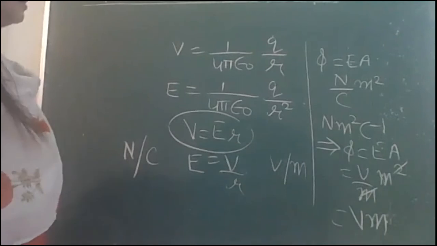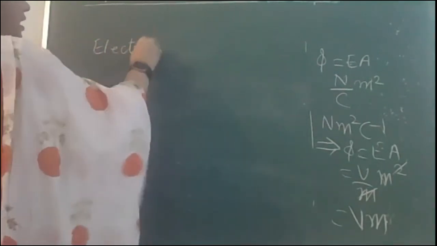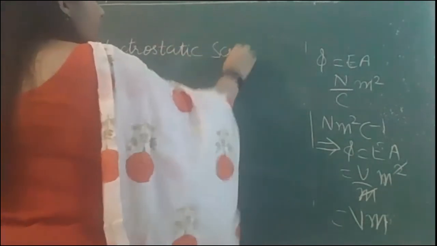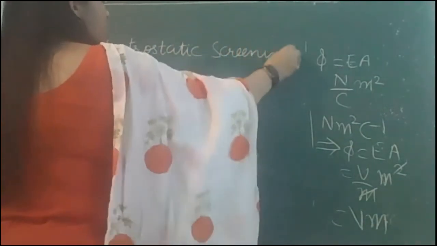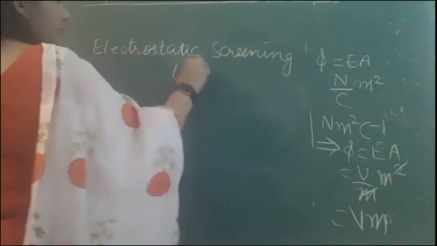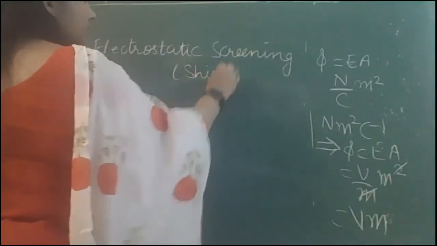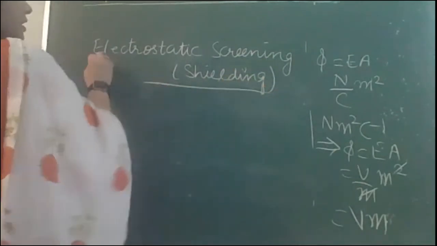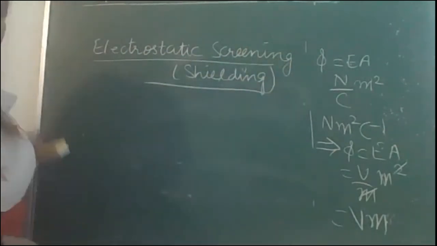Okay, and one thing more, let us recall, let us do a term, electrostatic screening. What is electrostatic screening? Also called electrostatic shielding. Electrostatic screening is also called electrostatic shielding.